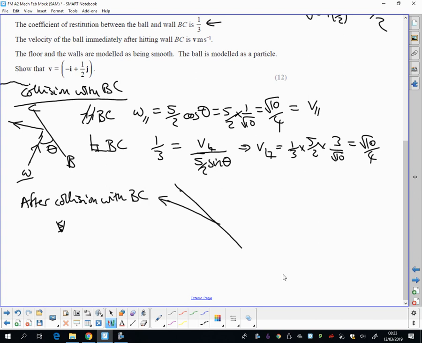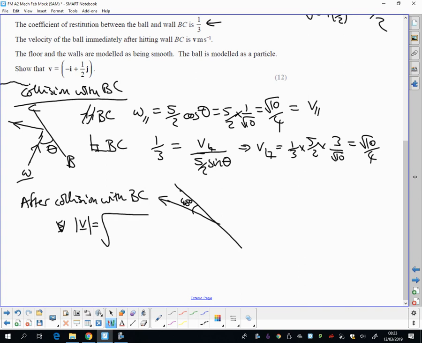Parallel to the wall, we've got velocity √10/4, and perpendicular, it's also √10/4. So that means our angle with the wall must be 45 degrees now. We can work out our magnitude afterwards.